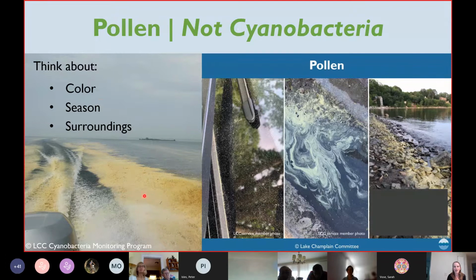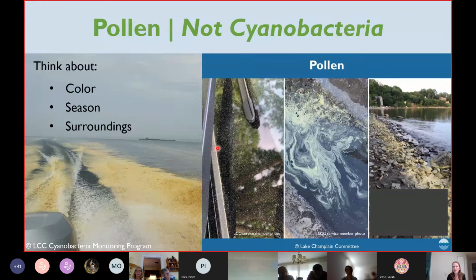Pine pollen in particular is a much brighter yellow than cyanobacteria usually presents. Think about seasonality. Cyanobacteria generally show up much more commonly midsummer to late summer, certainly early fall, after the water's warmed, whereas pollen is more of a seasonal attribute in the spring and early summer.